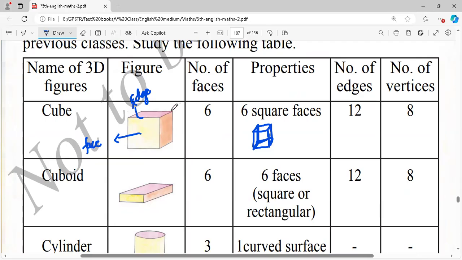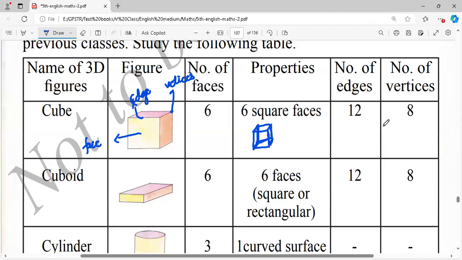And number of vertices: the point where 3 edges meet is called a vertex. This part is a vertex. There are 8 vertices in a cube: 1, 2, 3, 4, 5, 6, 7, and behind, the 8th one.